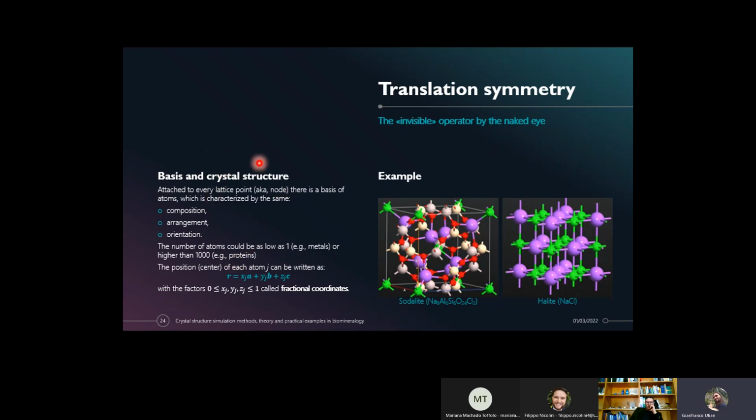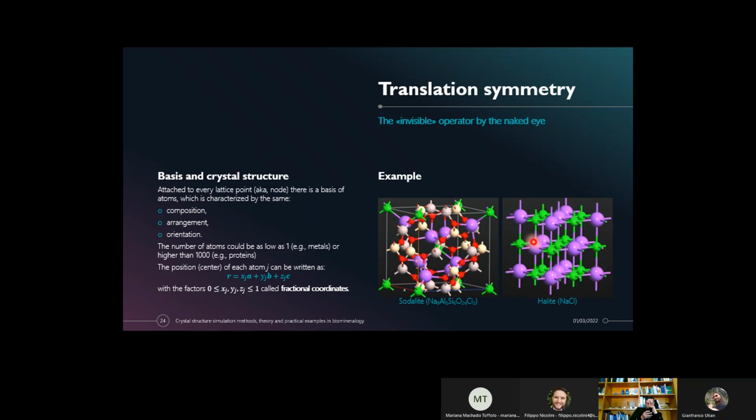Given the three-dimensional vectors A, B, and C, the position, that is the center of each atom, for example, let's take again halite here. We can see different examples. Halite has a cubic structure, so A, B, and C, these three vectors, describe a cube.